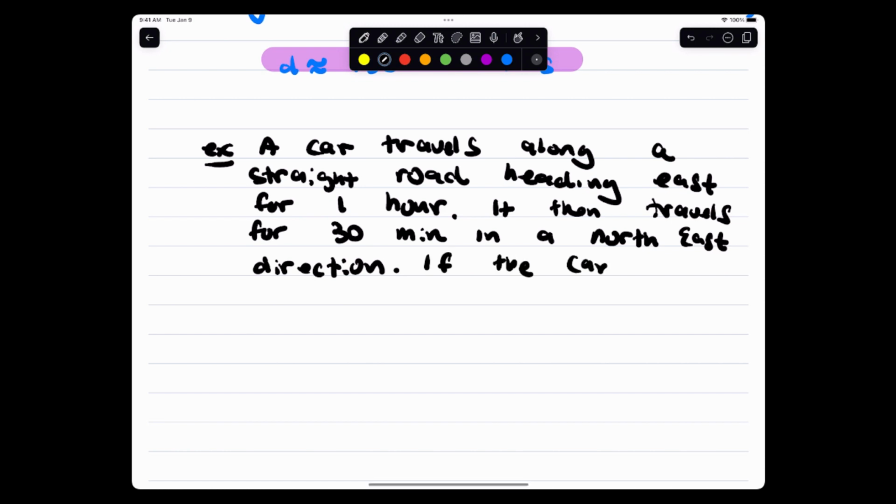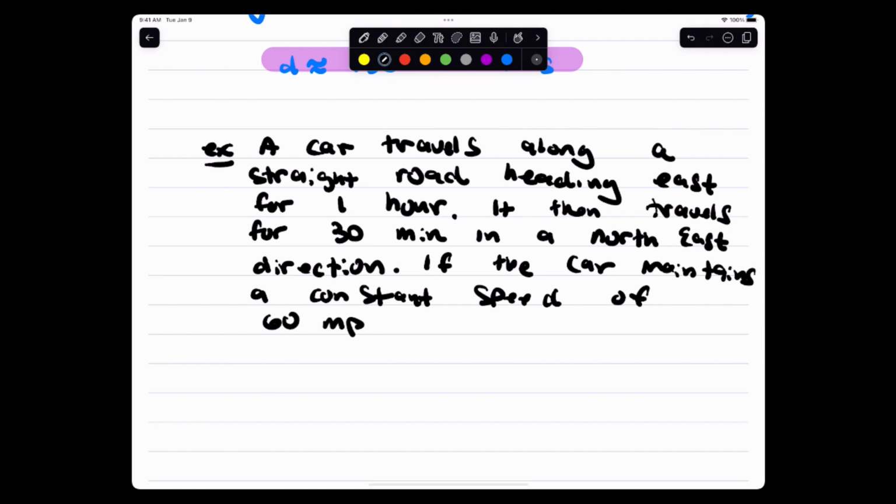If the car maintains a constant speed of 60 miles per hour, how far is the car from the starting point?